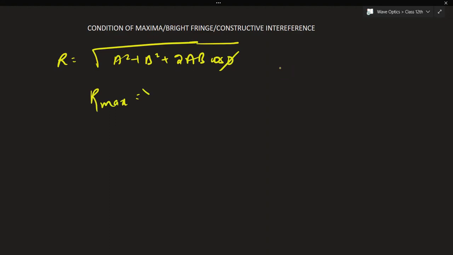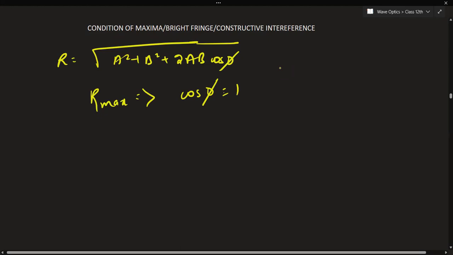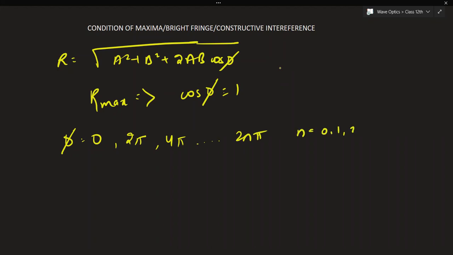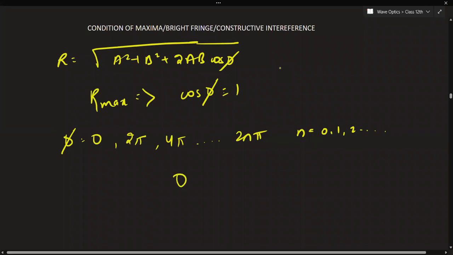It means for R to be maximum, cos phi has to be 1 because this is the maximum value of cos that is possible. So phi value can be 0, cos 0 degree is 1. It can be 2 pi, cos 360 degrees is 1. Can be 4 pi, 6 pi, all the even multiples, that is 2n pi, where n is any number starting from 0, 2, 3, 4, 5, 6, 7, 8, 9, 10, any number. So phi, you can write it as 2n pi.